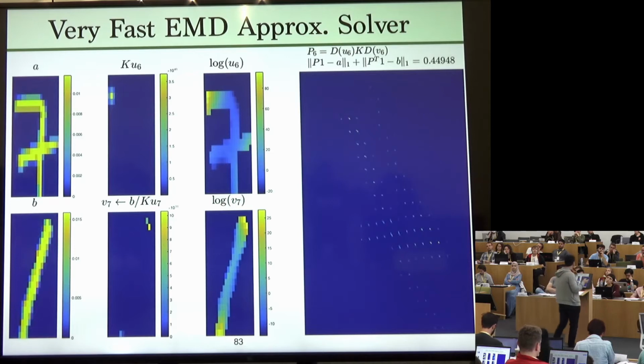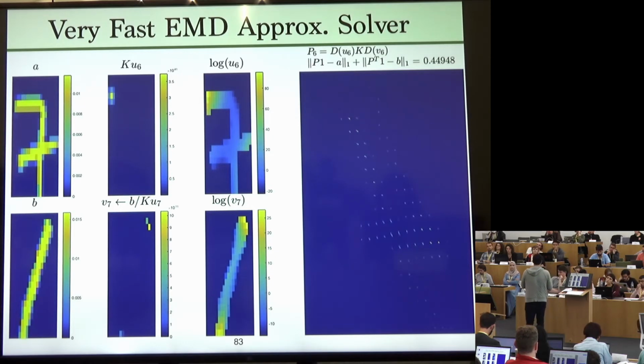And actually, this is what is revealed in this picture. You can interpret those logarithms of u's and v's as if they were dual variables that quantify what are the areas that are the most painful to transport. Even if you do your best and find the optimal transport, this is still very expensive.